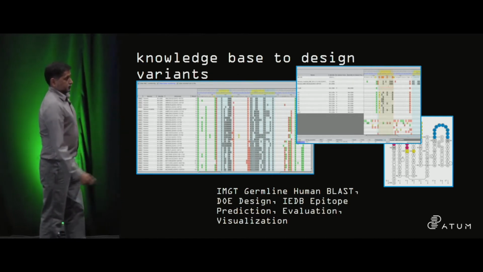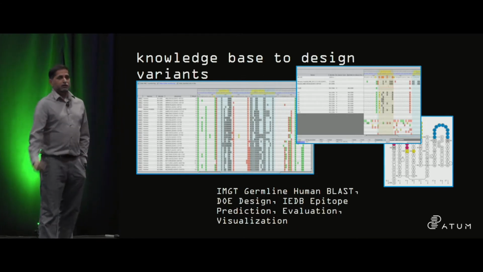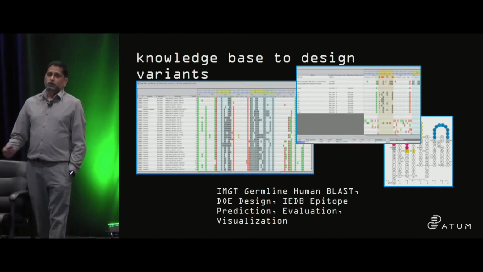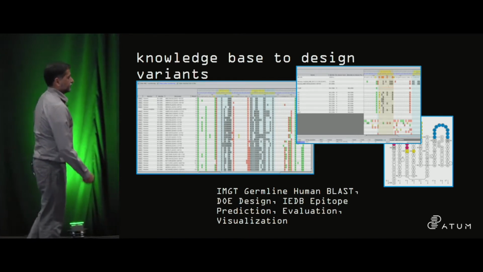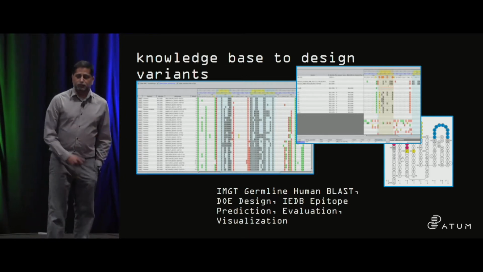The first step is to design the sequences, design the variants from which we can learn. And for that, we use a lot of knowledge base. We looked at various databases, and we have also built a data set over 17 years. And so we know what all the changes are that need to be made.